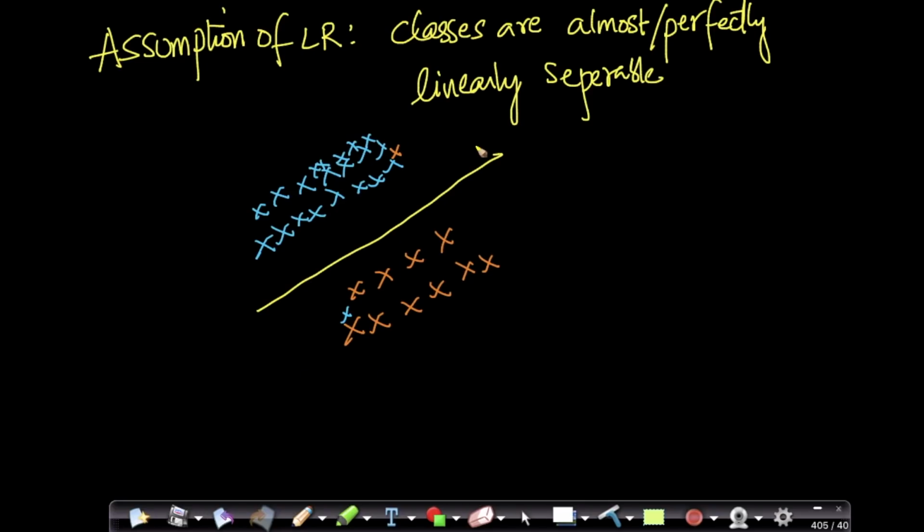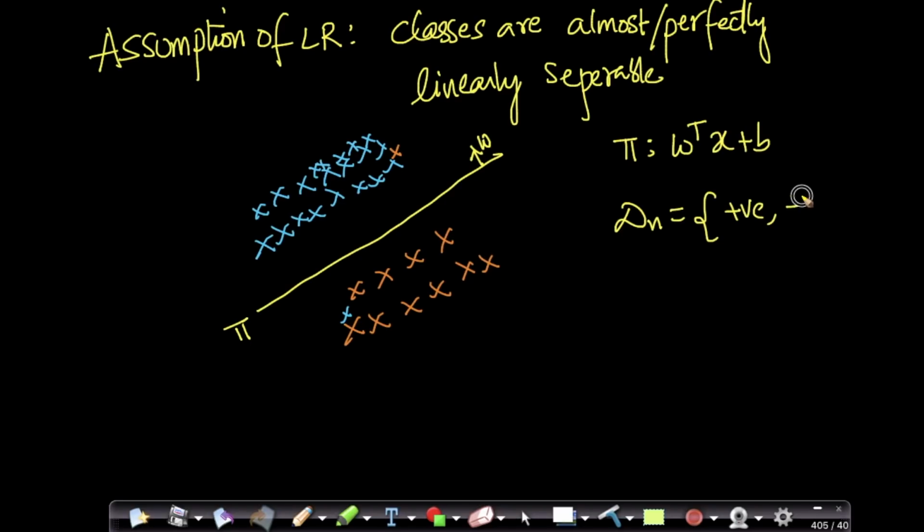What is the equation of my plane right now? My plane has a normal of W, and it can be represented as W transpose x plus b. Now, what is given to us? You are given both the positive data points and the negative data points, all of the blue points and all of the orange points. This is already given to you. What do you have to find out?